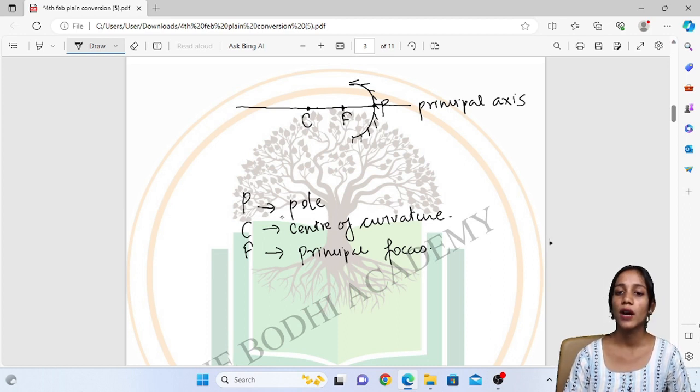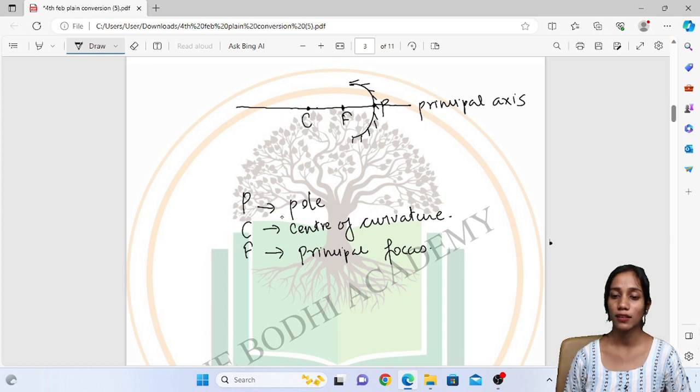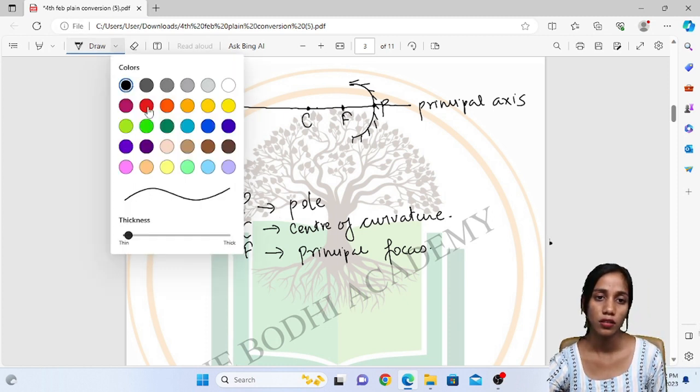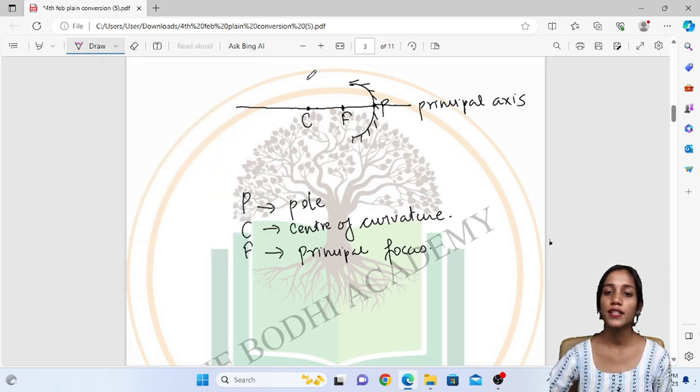Now let's talk about the lengths. What are those lengths called? The distance between C and P, CP, is called the radius of curvature.